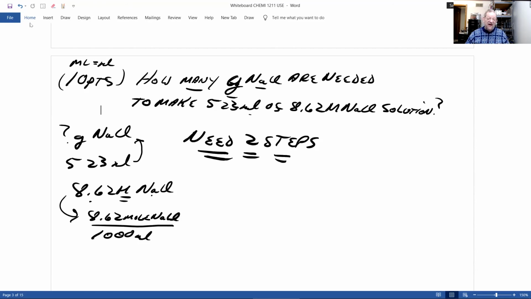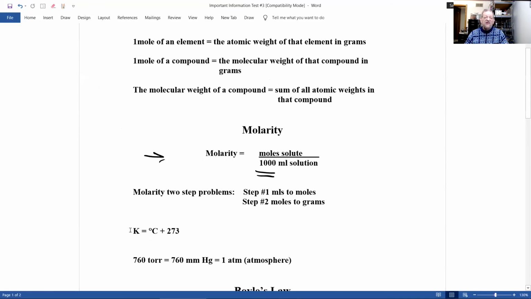In the past, you'd have to memorize this, but good news, no more, because if we look at important information, test number 3, molarity 2-step problems. And step 1, whatever we have in milliliters, we'll convert to moles. Step 2, whatever we have in moles, now we'll convert to grams. And let's do that.